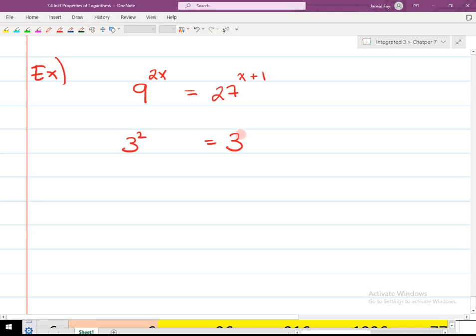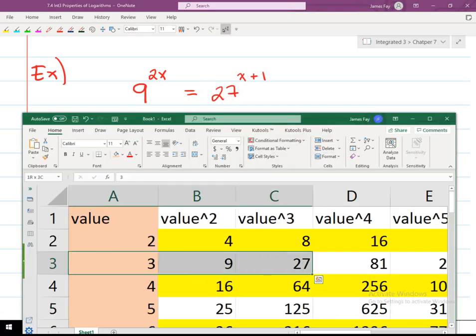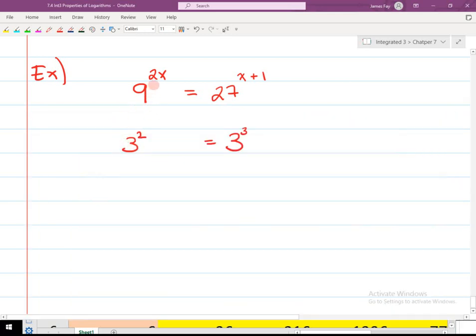Three times 3 is 9. Times 3 again is 27. So 3 squared is 9. 3 cubed is 27. And that, again, would maybe be a benefit of having this table, right? So right now all I've done is replace that 9, so I still have to have that 2x.